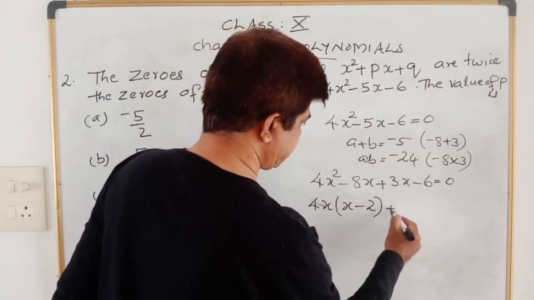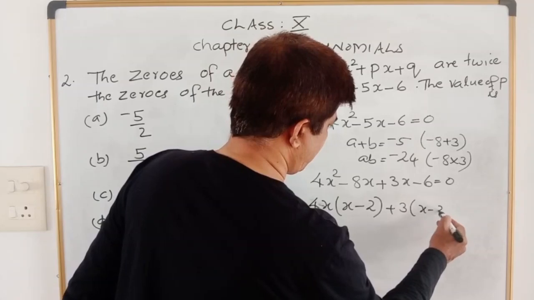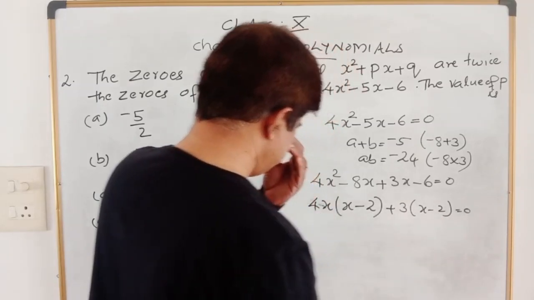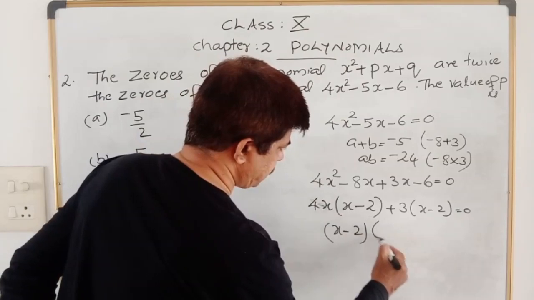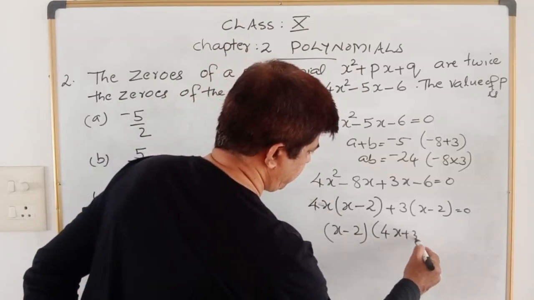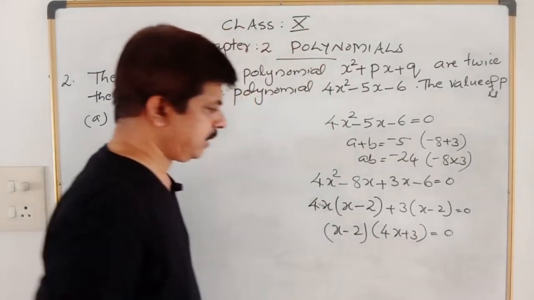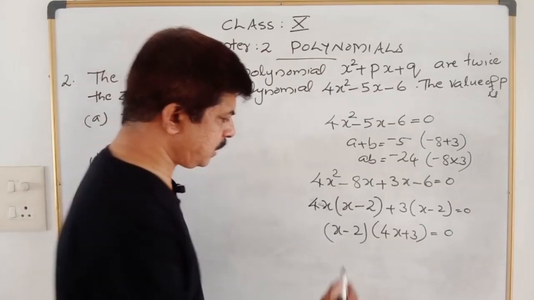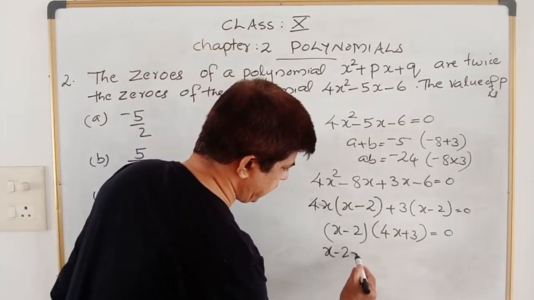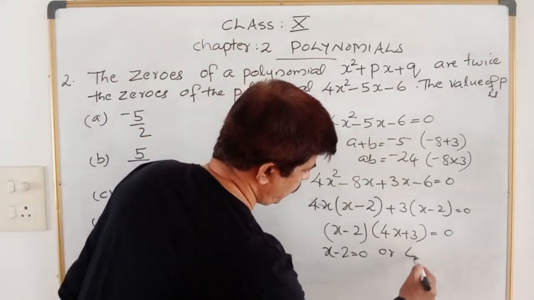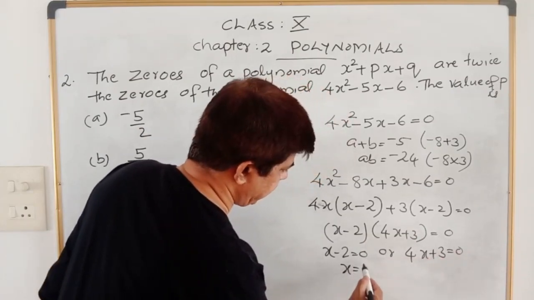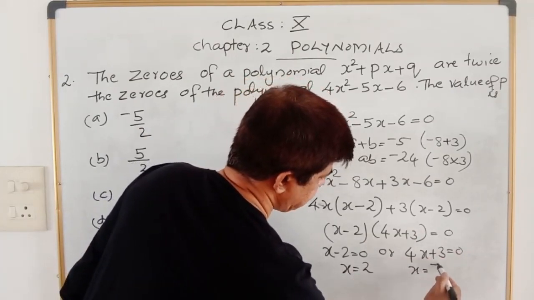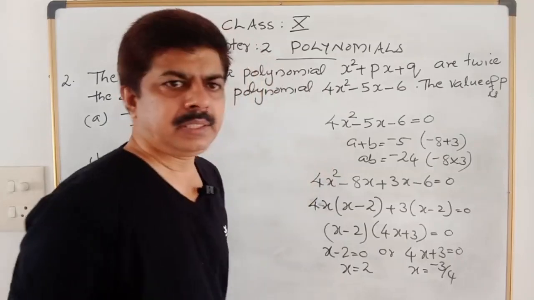Here 3 is common. So now we are getting the two factors x minus 2 and 4x plus 3 equal to 0. So what are the zeros here? x minus 2 equal to 0 or 4x plus 3 equal to 0. Here we get x equal to 2, here we get x equal to negative 3 by 4.